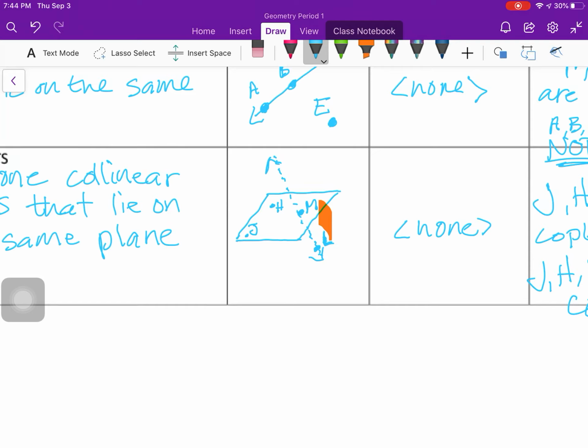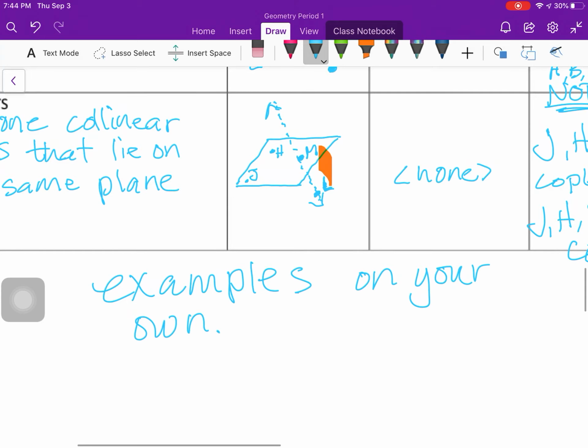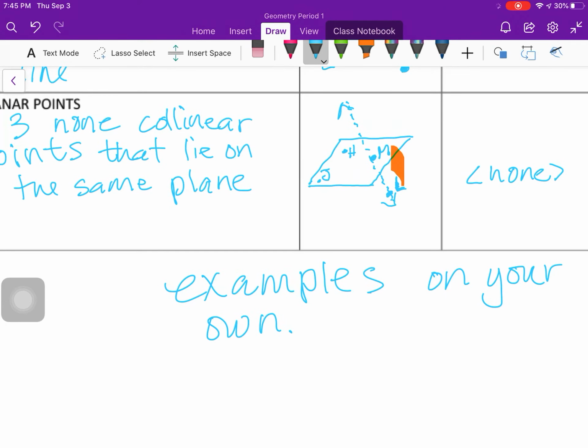However, I know that we can come up with some examples. Think about the floor, think about the ceiling, think about the walls, and we will talk about some examples. Get creative. Think of some examples on your own. Go ahead and write them down. We're going to talk about them in class next week when we see each other. But think of some examples in real life.